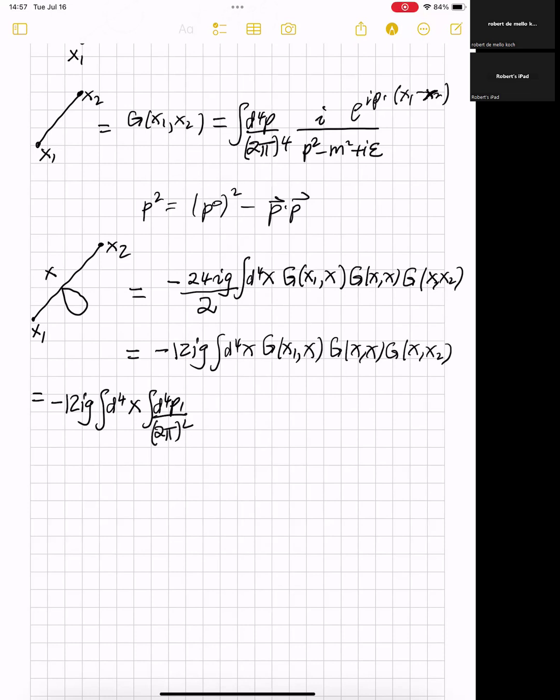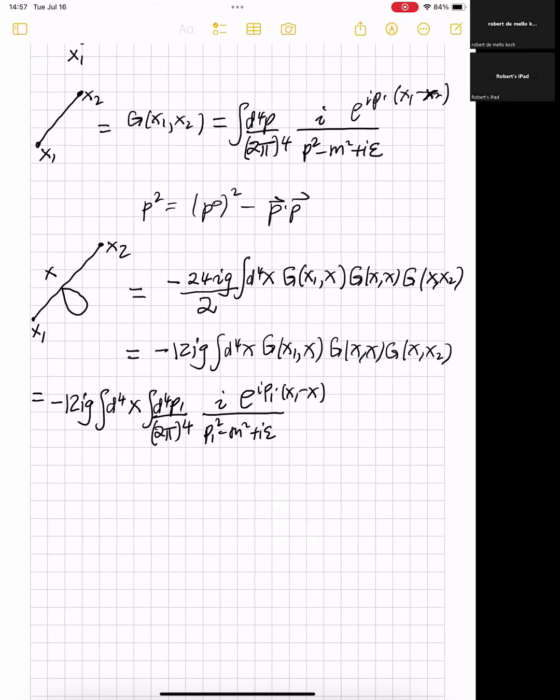I've called it p1 because we're going to need a momentum for each line. So let's start with p1, p2, p3. Then we've got i over p1 squared minus m squared plus i epsilon, and the exponential is e to the i p1 dot x1 minus x.